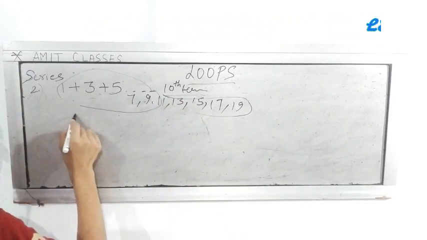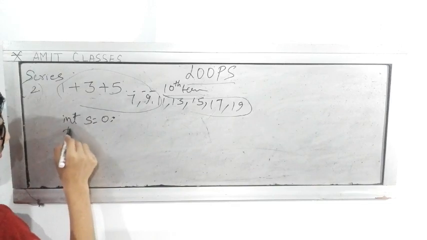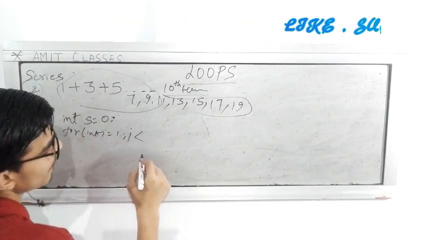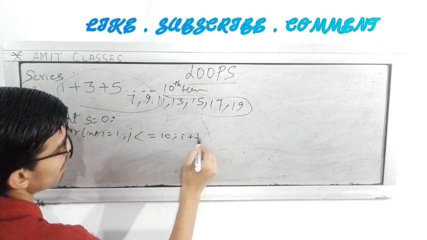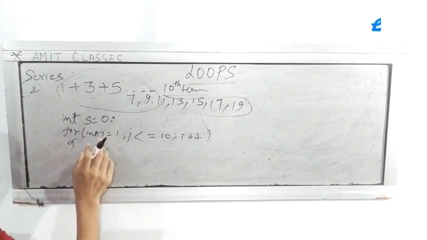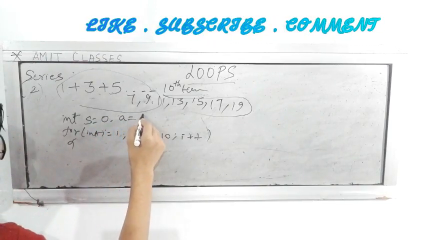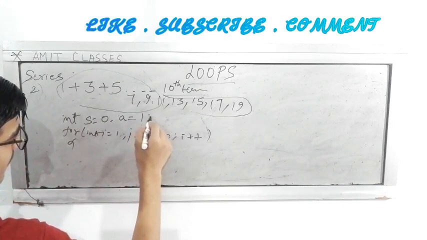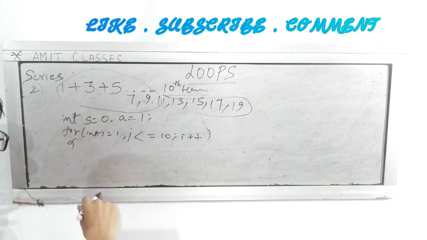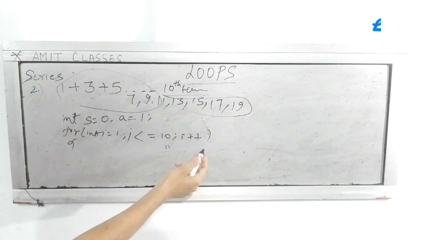So for this we'll write int s is equal to 0, i is equal to 1, i is less than or equal to 10, i plus plus. s is equal to 0 and a is equal to 1. int i is equal to 1, we have declared here 1, the condition is i is less than or equal to 10 and i plus plus will work.